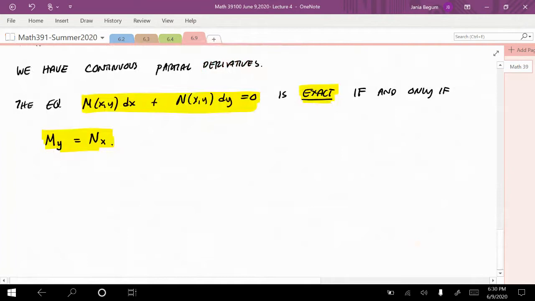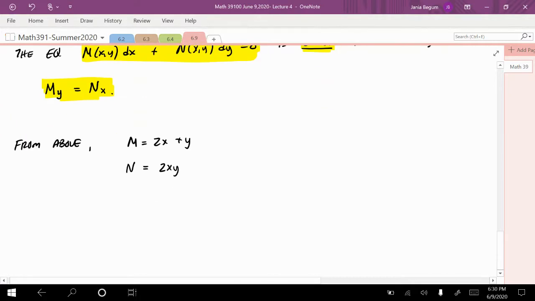So coming from above, we had m, and then we had n, right? So we had this equation. We had 2x plus y squared dx plus 2xy dy equals 0.